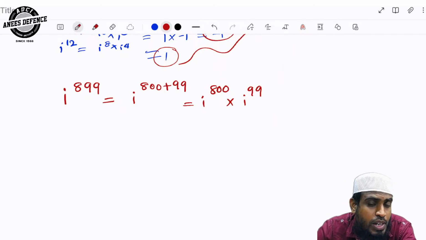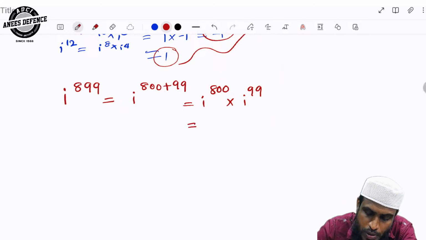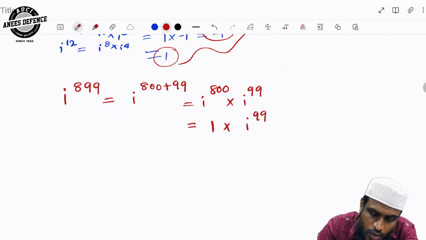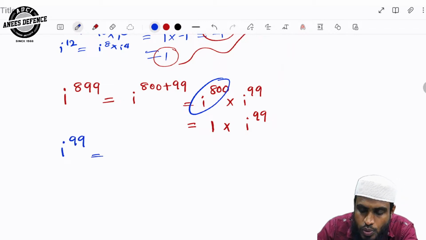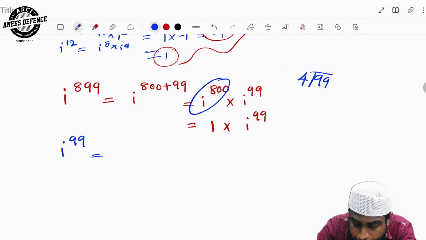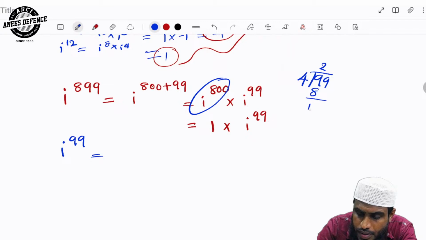So 800 is a multiple of 4, so this value will become 1. So 1 into I raised to 99. So with this 800, our headache is gone. So remaining is I raised to 99. So you can divide 99 by 4. So you're getting 2 into 4, 8, 1, 9.